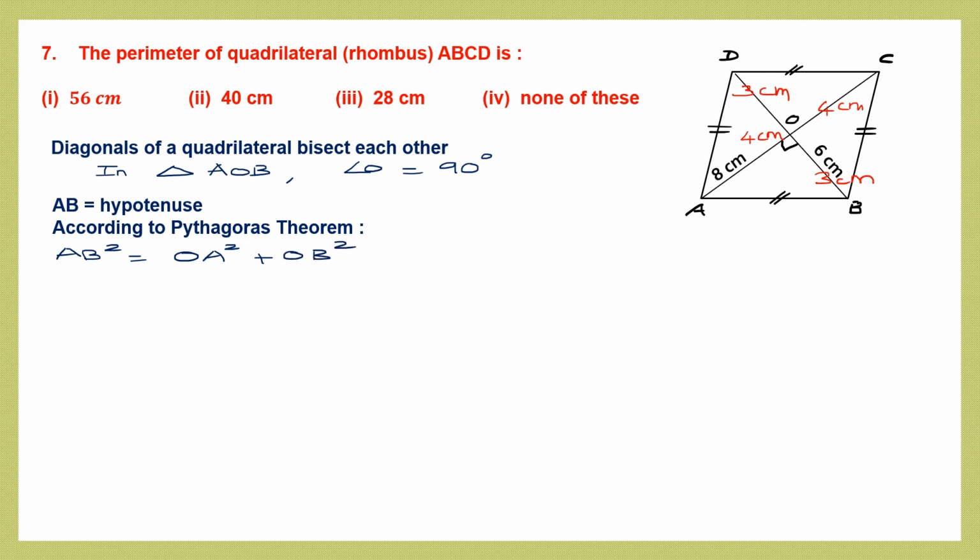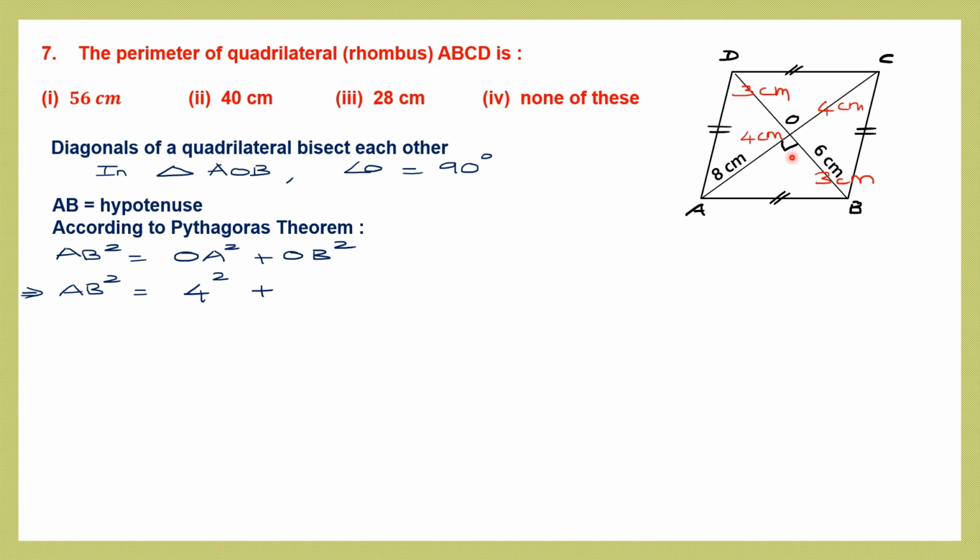Now we just have to substitute. Now AB we don't know. That is what we need to find out. So we leave it as AB. AB square is equal to OA. Remember, OA is here and that is half of 8 centimeters, which is 4 centimeters. So OA square, we will write it as 4 square plus OB.